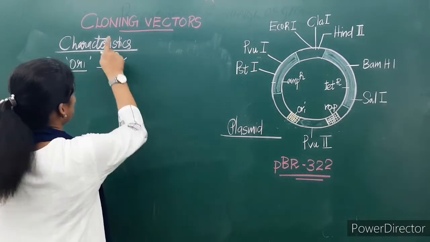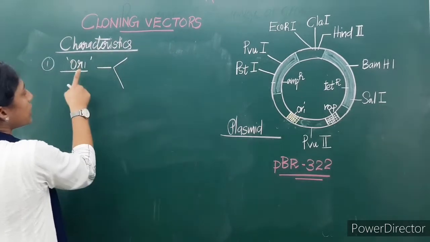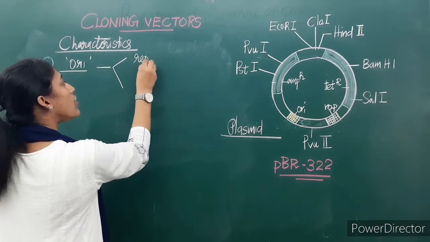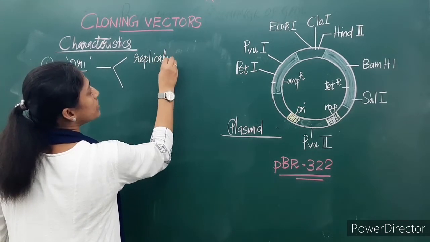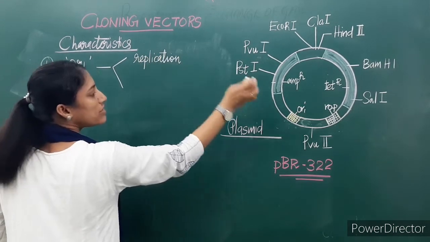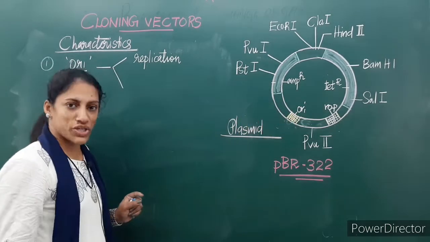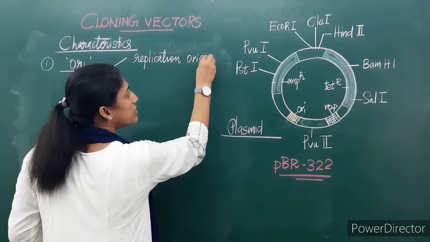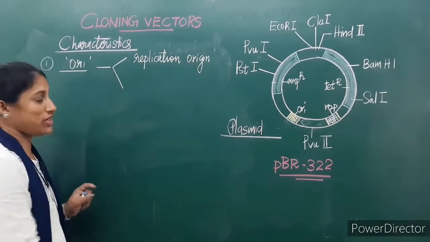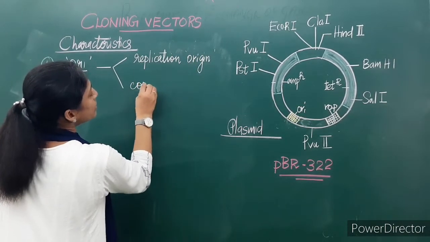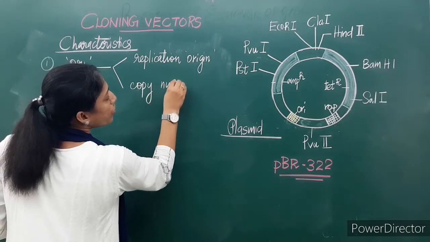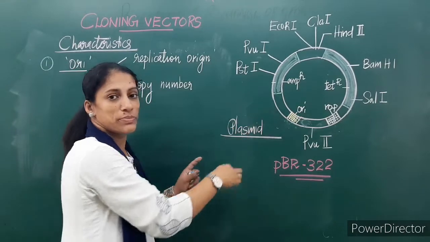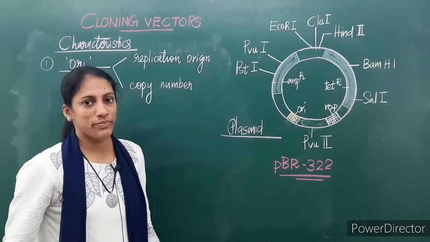So just understand, a cloning vector must carry ori. It is because it controls the replication origin, where it starts. At this place only replication begins. So it controls the origin of replication, and also it controls copy number. How many times it should be copied, how many times this plasmid must be produced within the host cell.